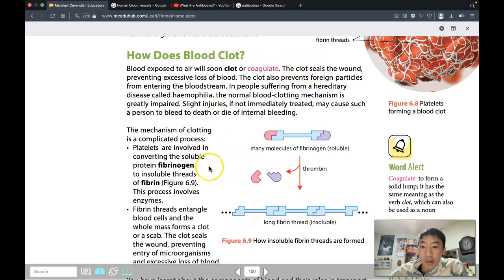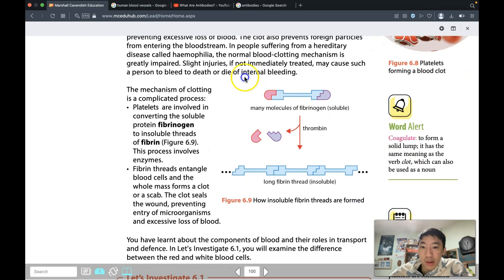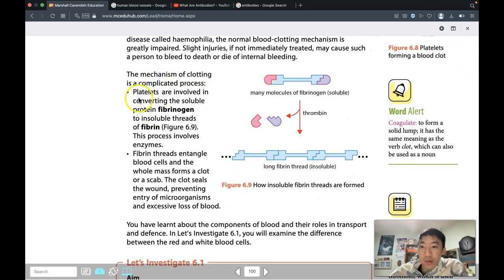Okay, so how does it work? Firstly, the platelets will come along, and then they will convert this thing called fibrinogen into an insoluble thread of fibrin. So this fibrinogen is soluble.